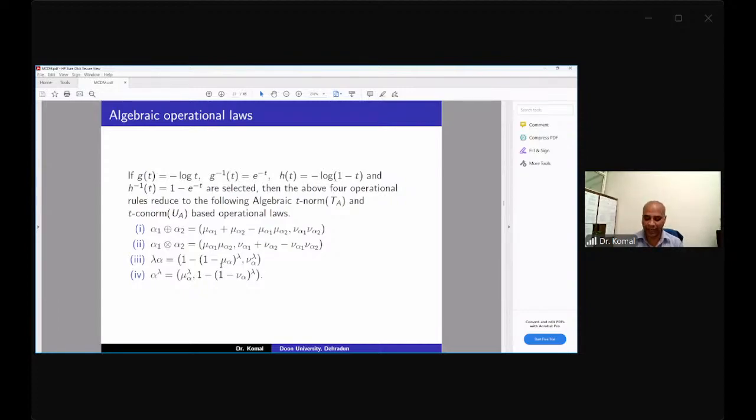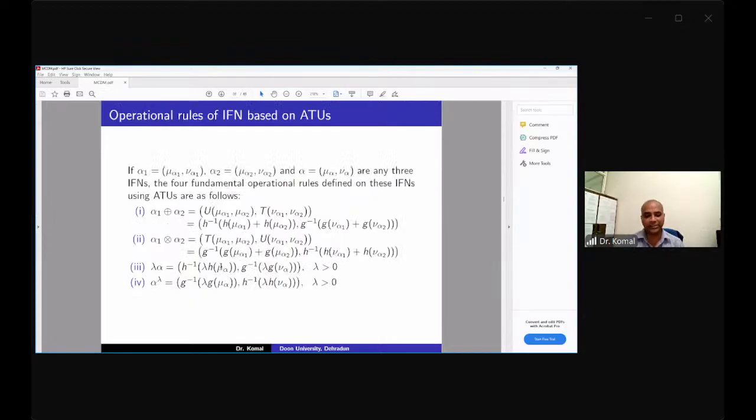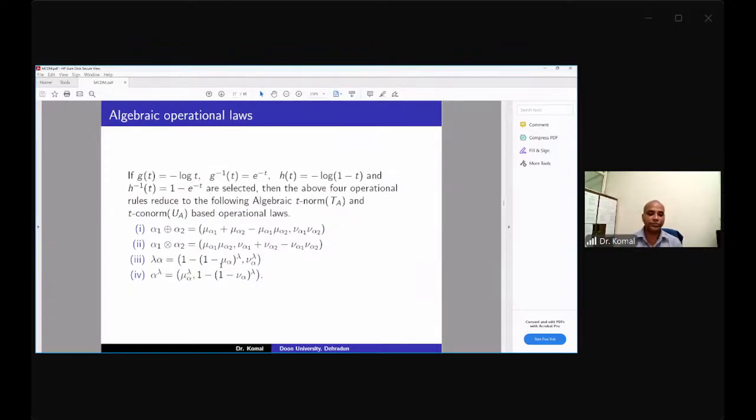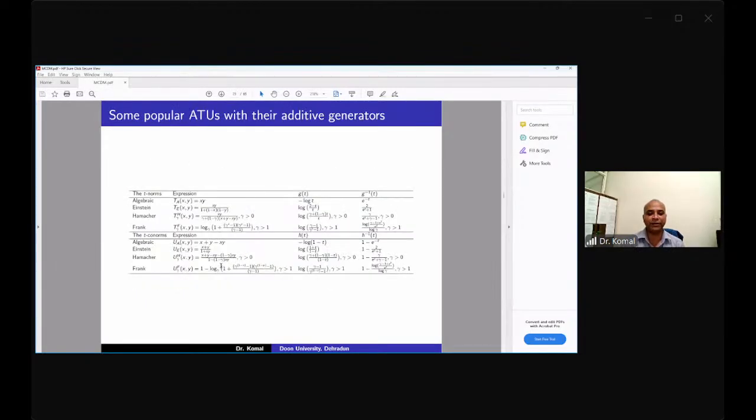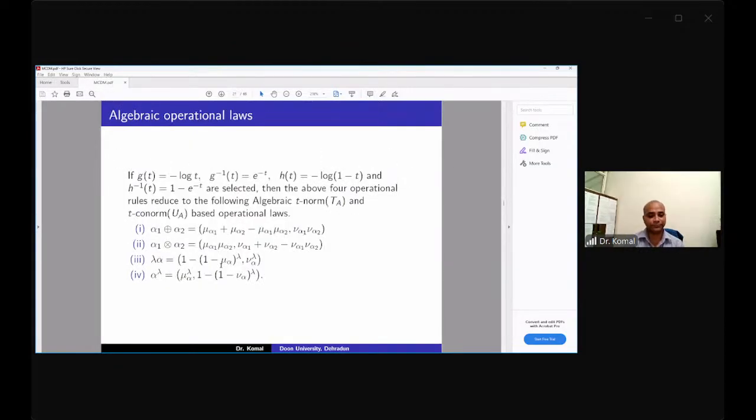If we substitute these values in these expressions, then generally we will get these results. So these are nothing but the algebraic operations. And this G(t), G inverse, H(t) and H inverse you can find in this table. So similarly, you can use Einstein, Hamacher and Frank and generate the associated arithmetic operations.